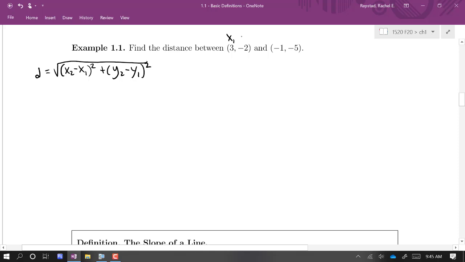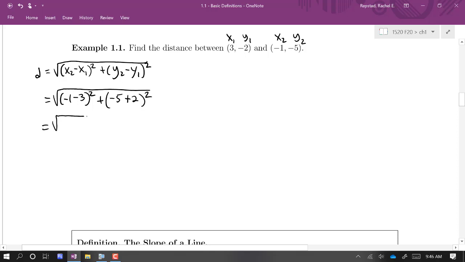I'm just going to say that the first point is x1, y1, and the second point is x2, y2. If you changed it around, you'd get the same answer in the end. Now we'll plug in our coordinates. x2 minus x1 is -1 minus 3, squared, plus y2 minus y1, that's -5 minus -2, that's +2, squared.